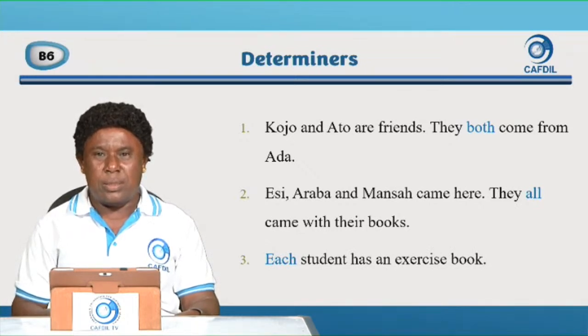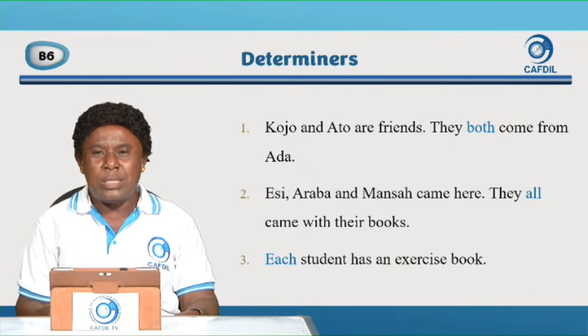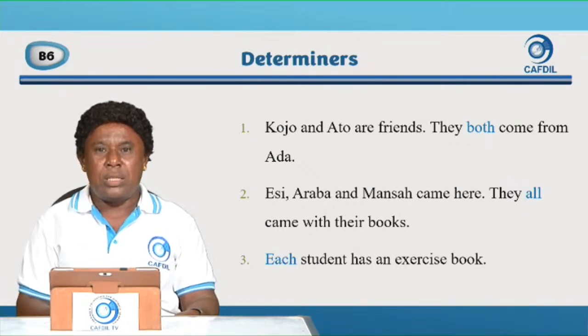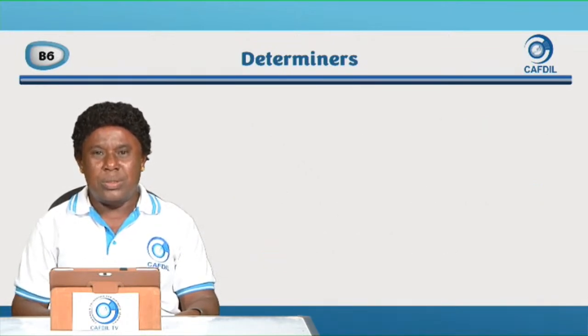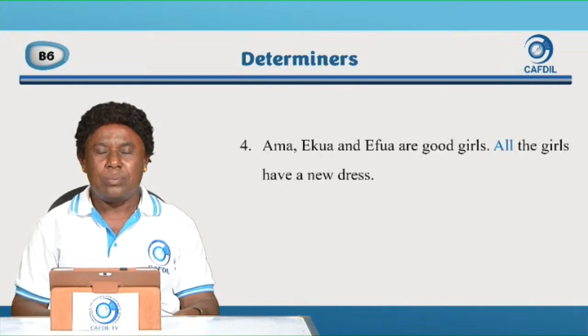Each student has an exercise book. How many students are we talking about? One. So we use each. There are many students in the classroom, but each student has an exercise book. Good. The next sentence. Ama, Ekua, and Efua are good girls.